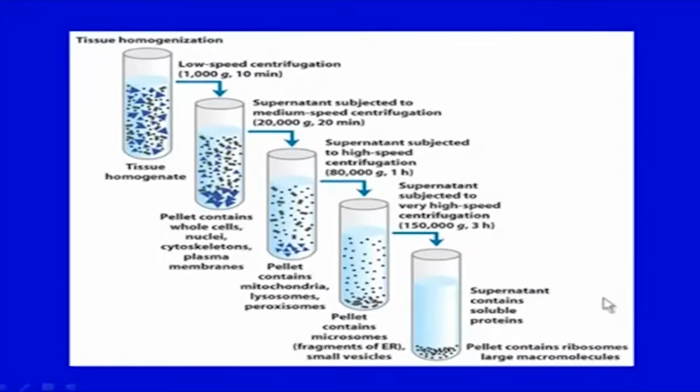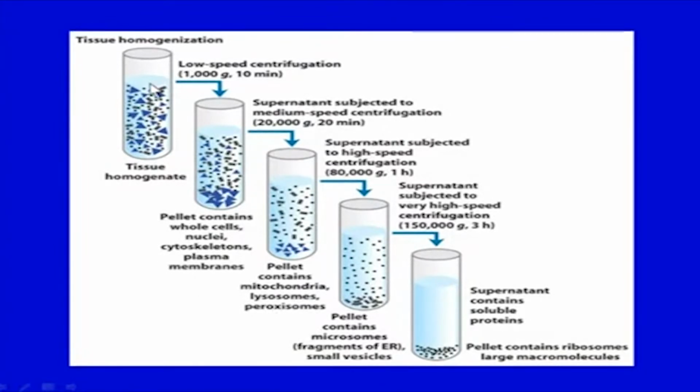So, though you get a partially impure fraction here, this is a very useful and widely used technique for various applications. All right, let us pay attention to whatever we have said, and let us see how this is done in here.